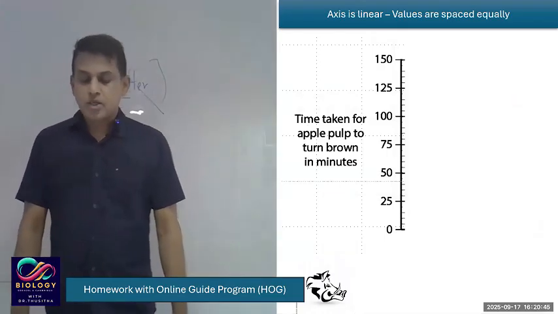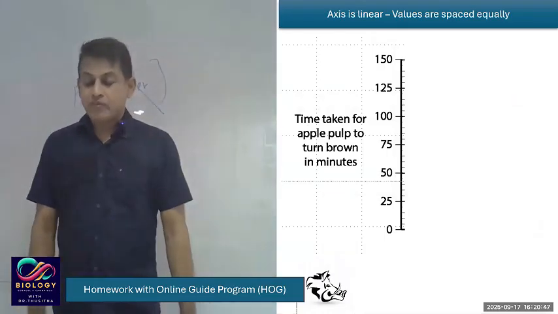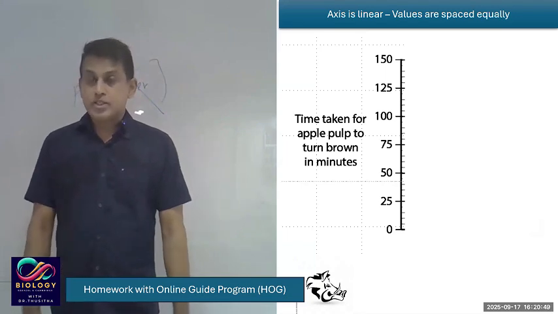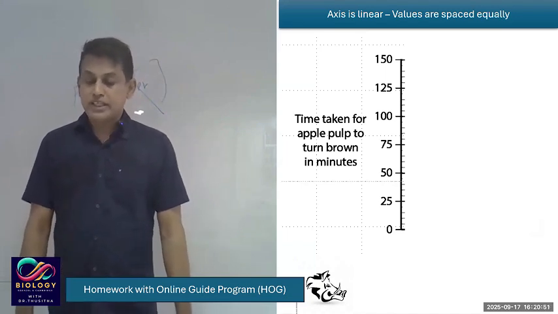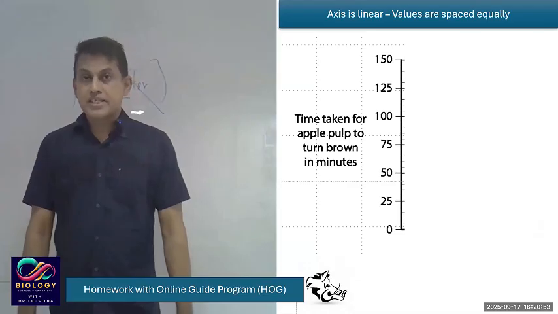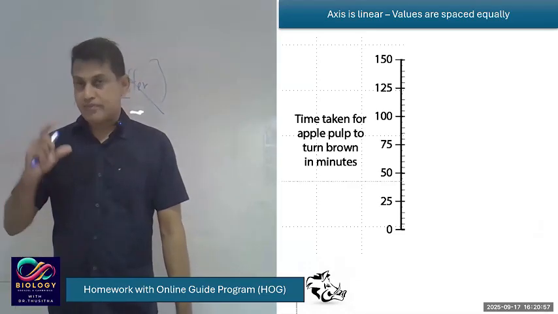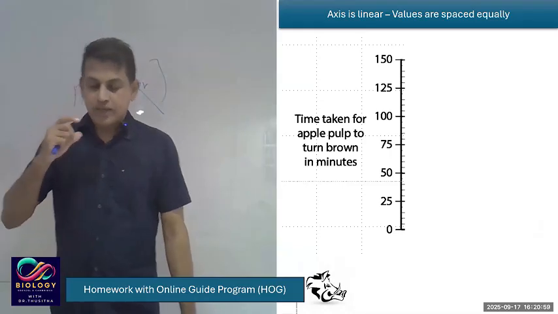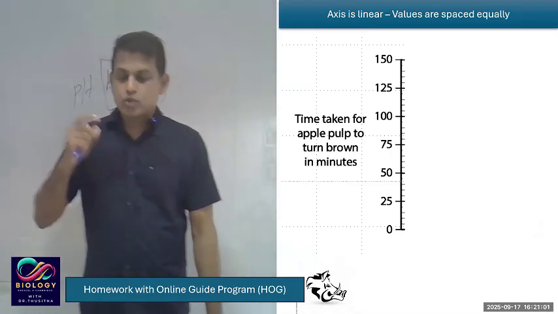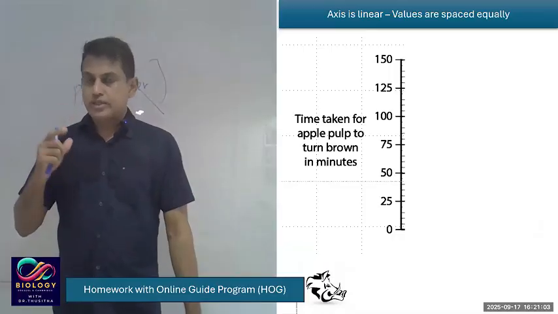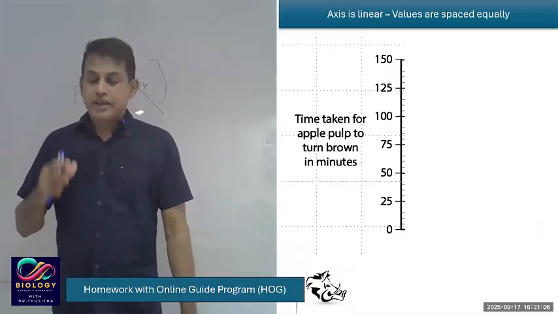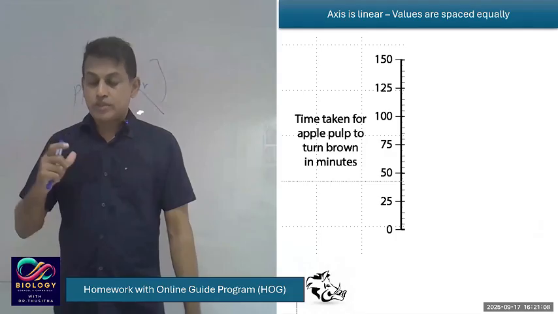Now, this is called the y-axis, and it is called linear. Why do I call it linear? Values are spaced equally. What does it mean? 0 to 25, the difference is 25. 25 to 50, the difference is 25. So for any value on this y-axis, the difference is 25.